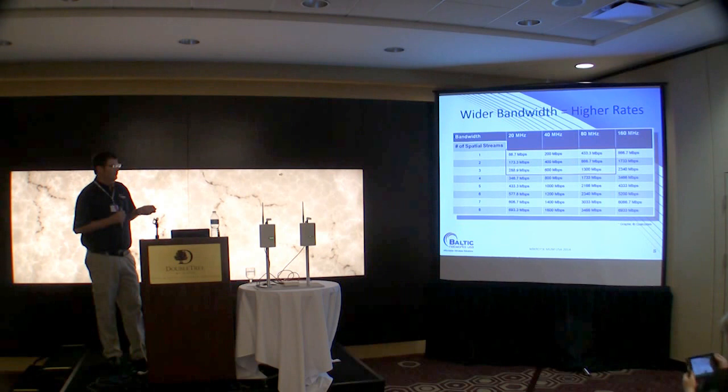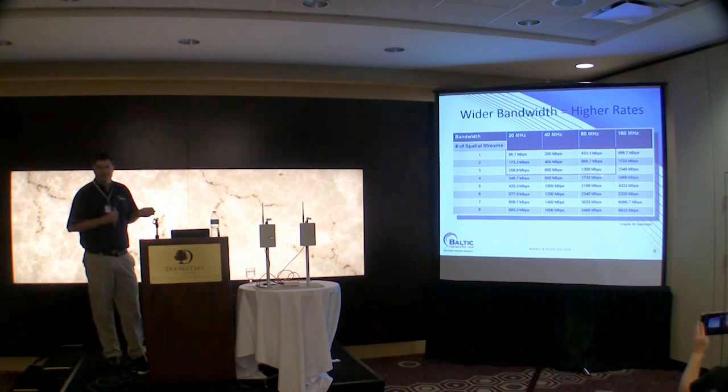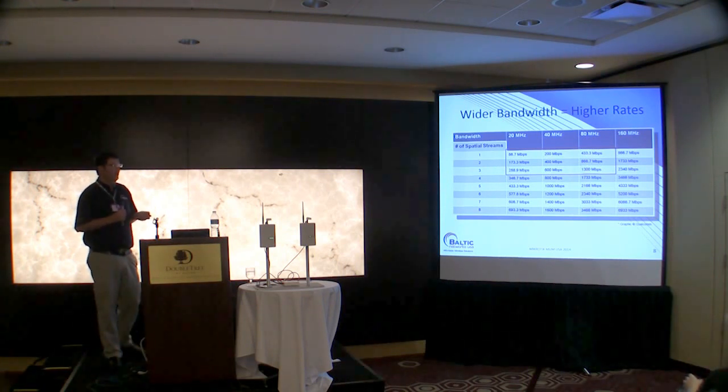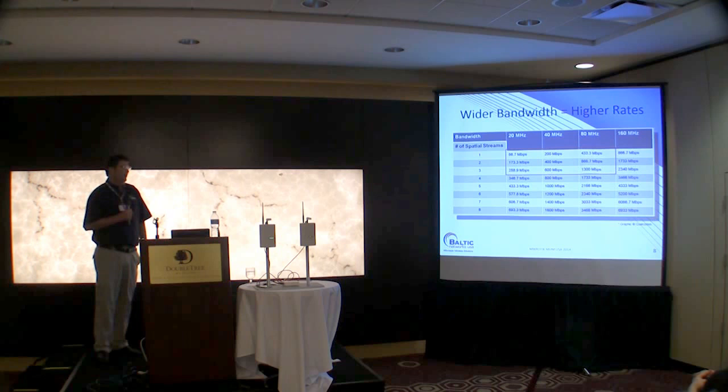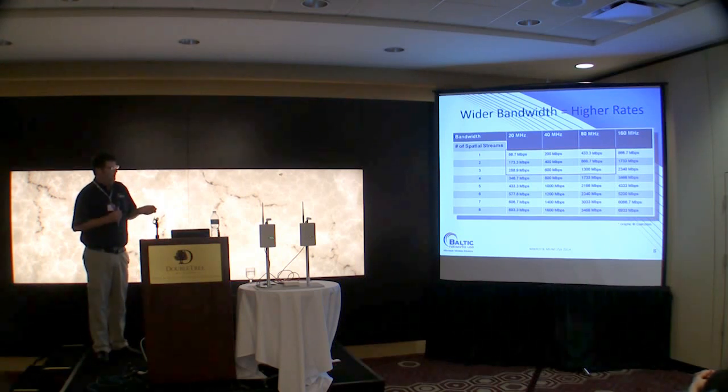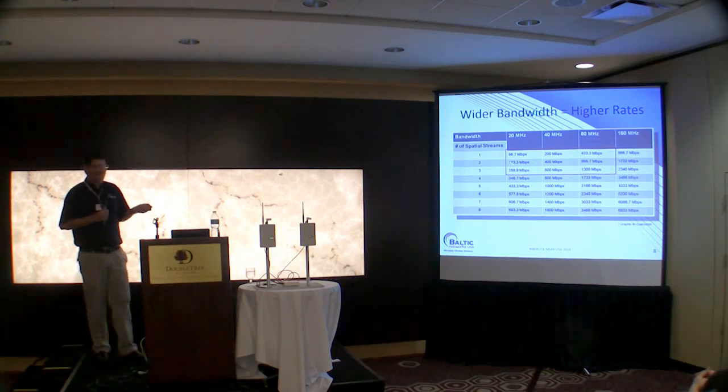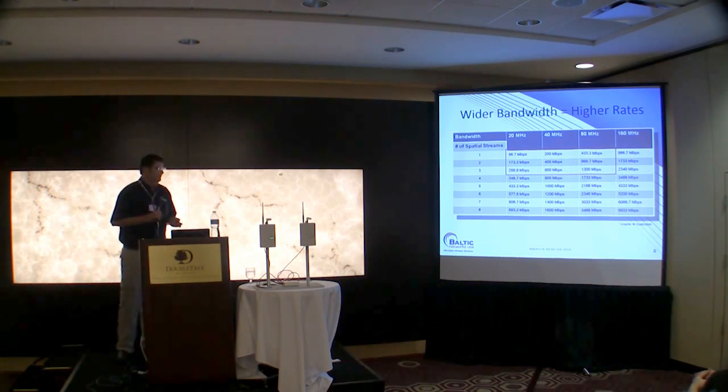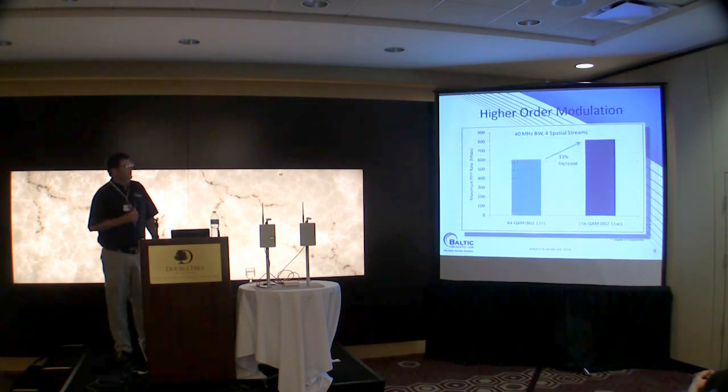You'll find that most of the shipping products today are 2 spatial streams using an 80 megahertz channel, or 866 megabits. Again, this is air data rate, not your real packet throughput, but this is kind of like comparing HDTV to 4K. So it is coming. It's not here yet, but it is on its way.